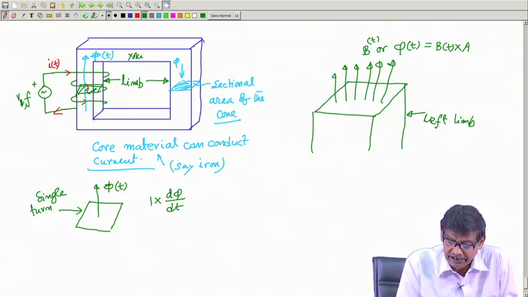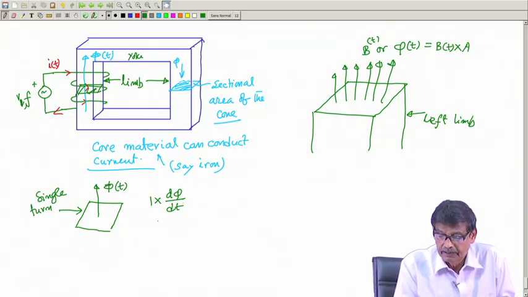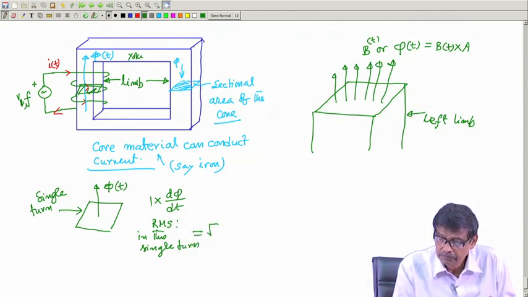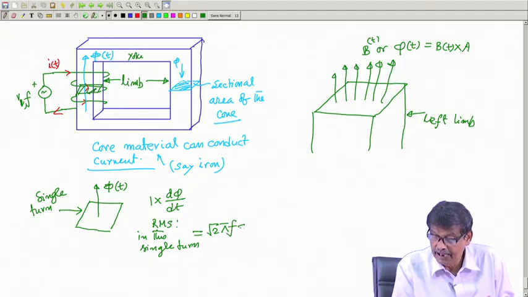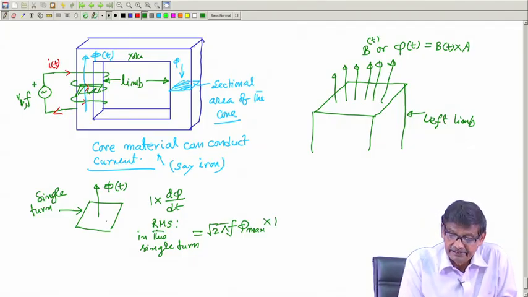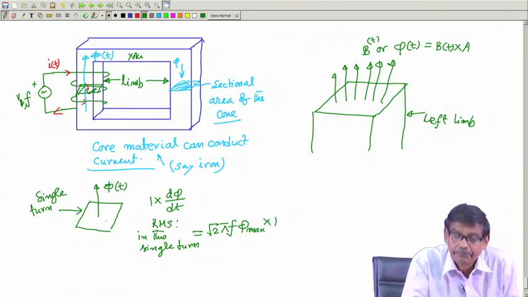And what will be the RMS voltage in this single turn? It will be equal to root 2 pi f phi max, where instead of N1 it is 1. See, this turn is not the turn which makes the coil.